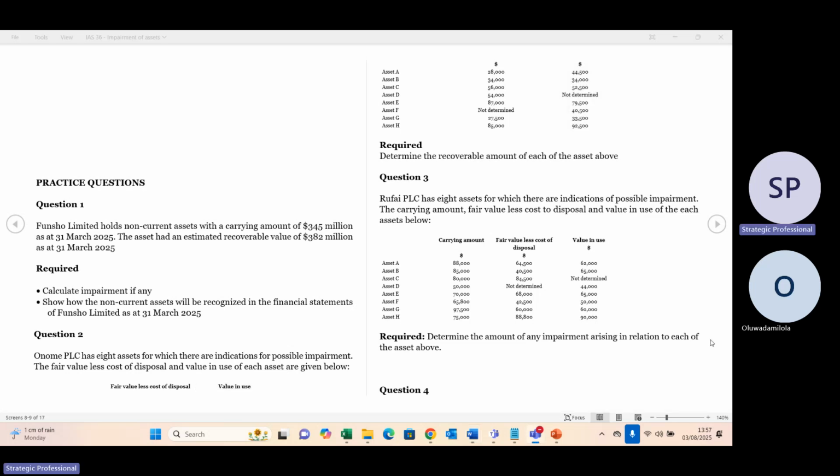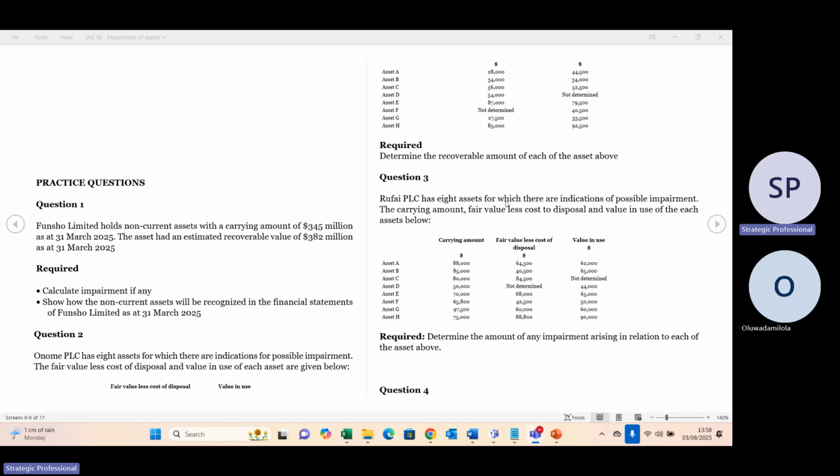For illustration 3, it says Wi-Fi PLC has 8 assets for which there are indications of possible impairment. That's step 1, like I told you that time: there will be indication of possible impairment. Then step 2 is to look at the recoverable amount.